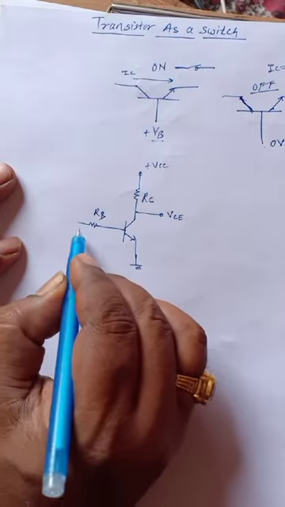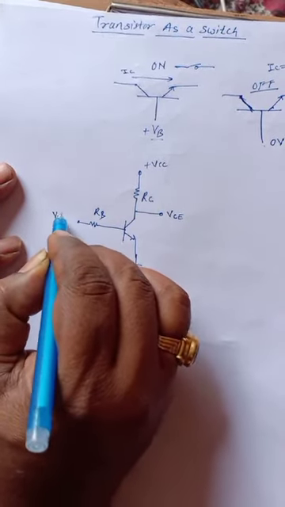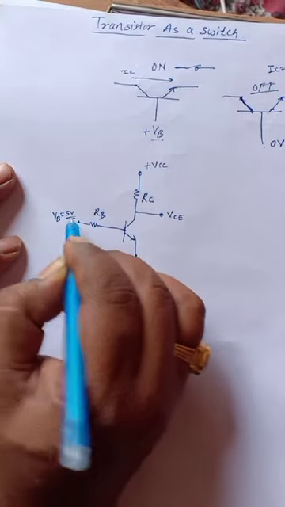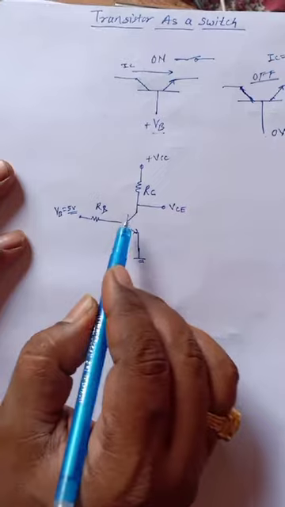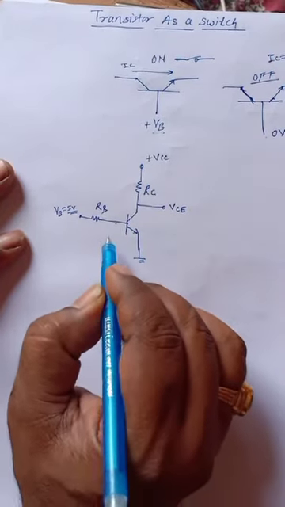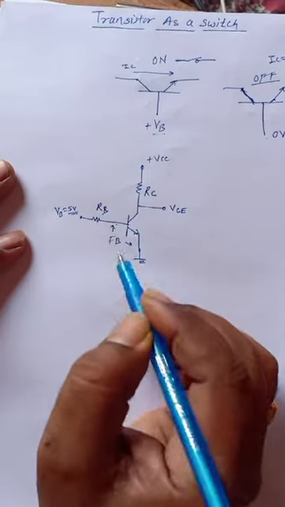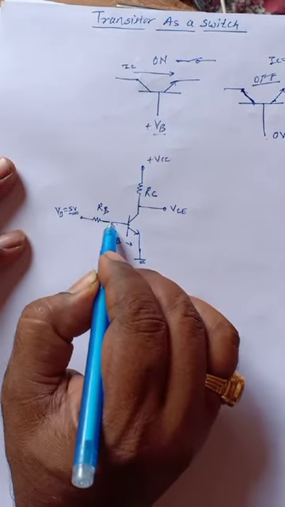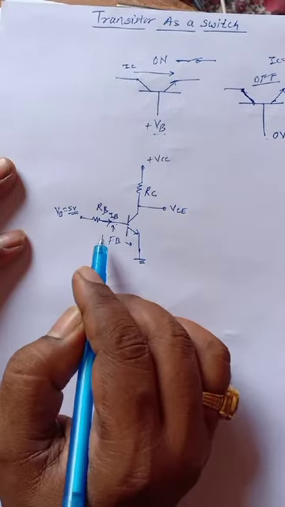When the base voltage VB is plus 5 volts, because of this 5 volts the base to emitter junction gets forward biased, and base current IB flows through the transistor.